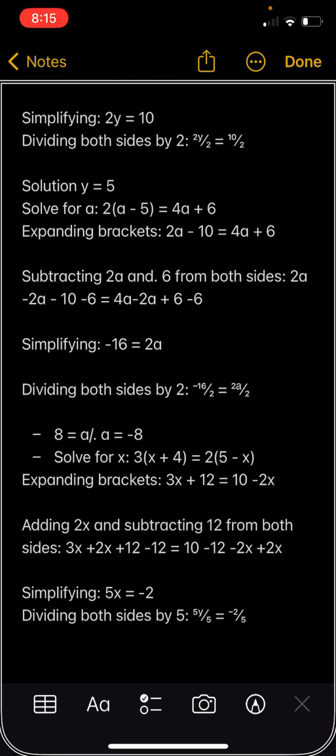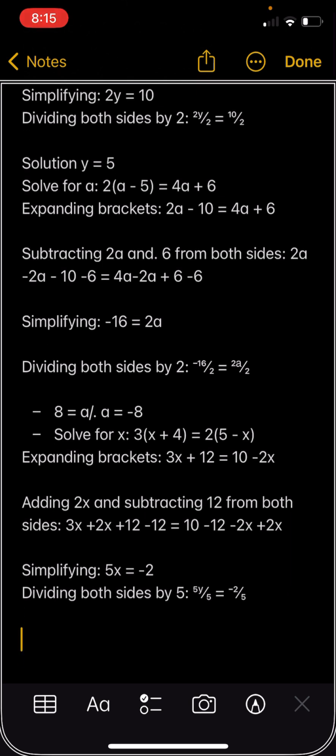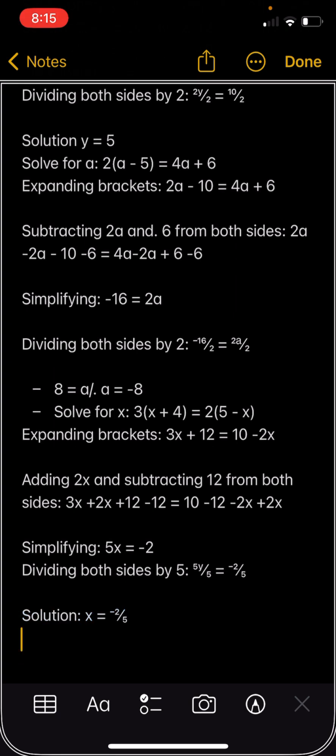And we will get x is equal to negative 2 over 5.